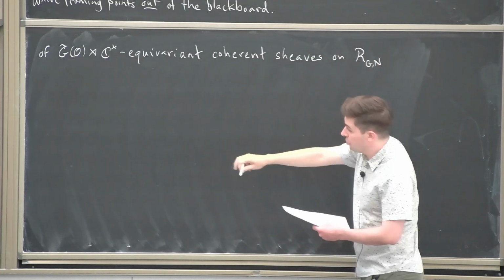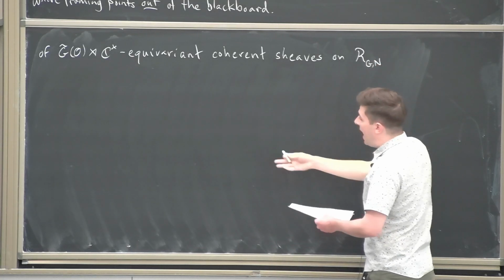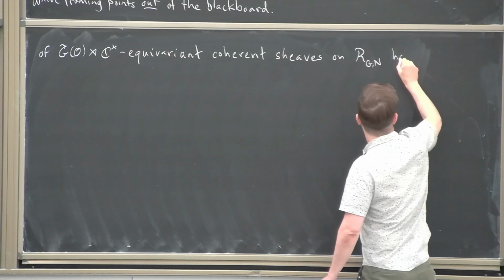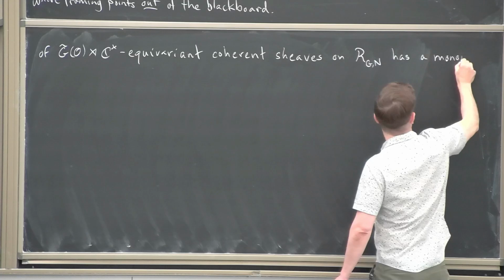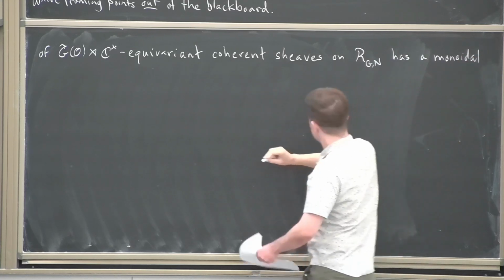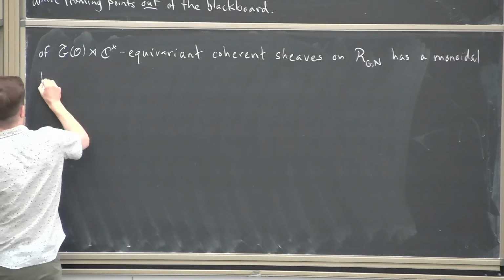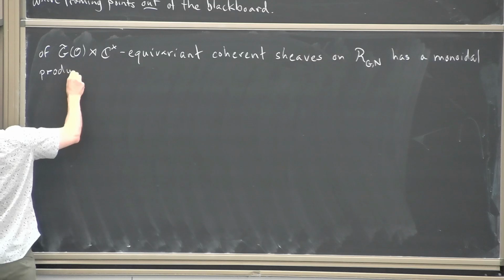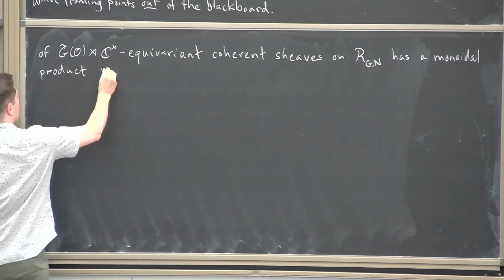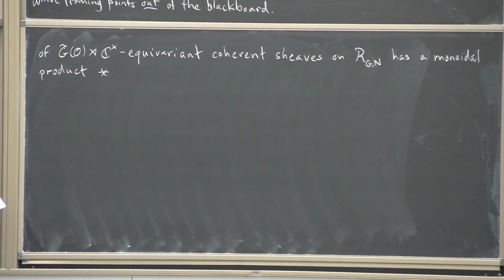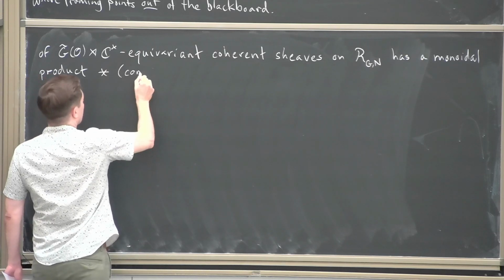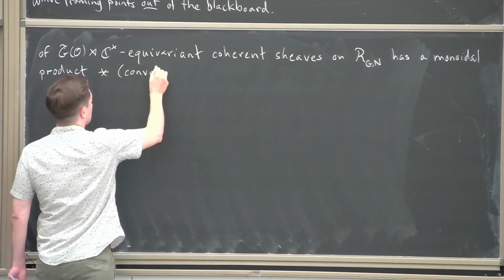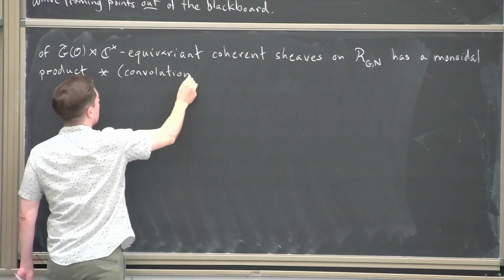So what they showed in their paper is that this category has a monoidal product, we'll denote this by the symbol star, because this is what we call the convolution product on that category.